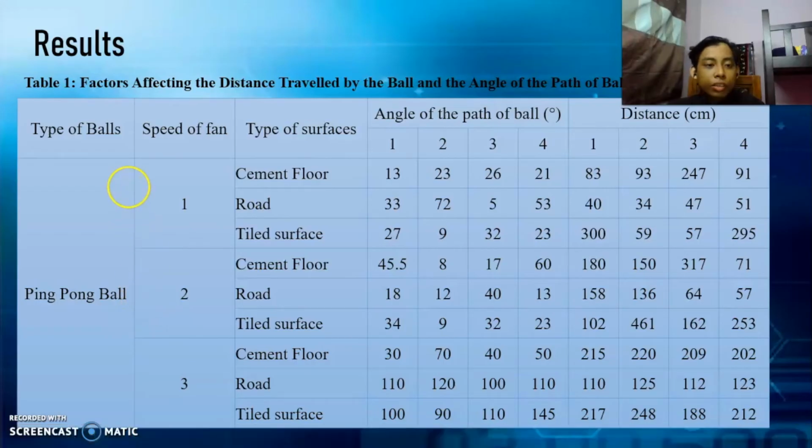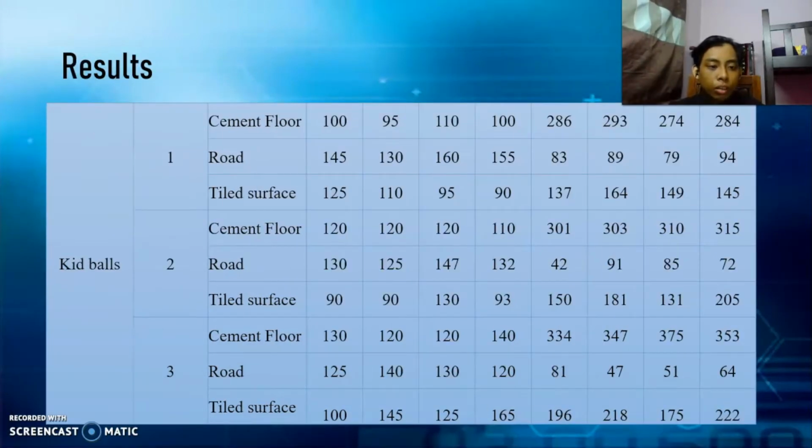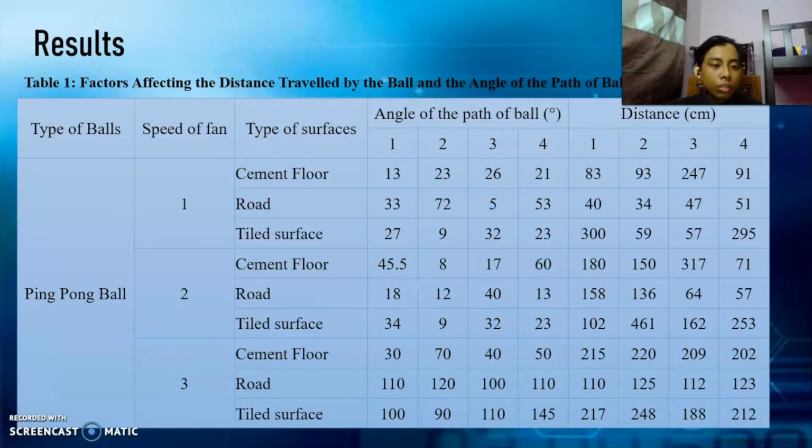So this is the result that we get after we do the experiment, where our response variables are the distance traveled by the ball and the angle of the path of the ball. Here we have three types of ball: ping pong ball, marbles, and kickball. For each type of ball we do 3 speeds of fan: 1, 2, 3.